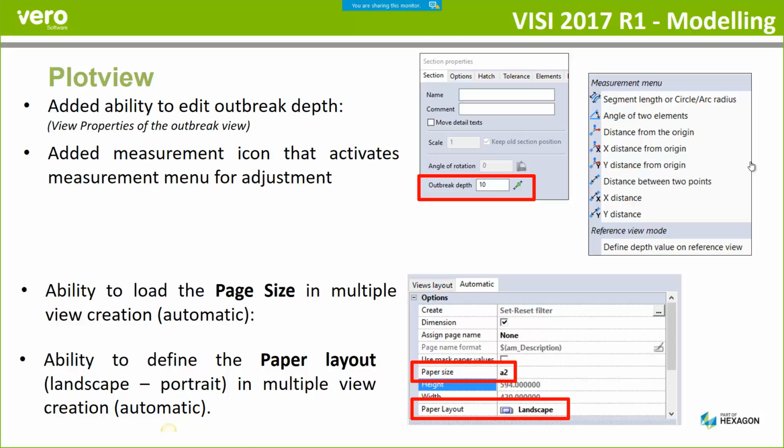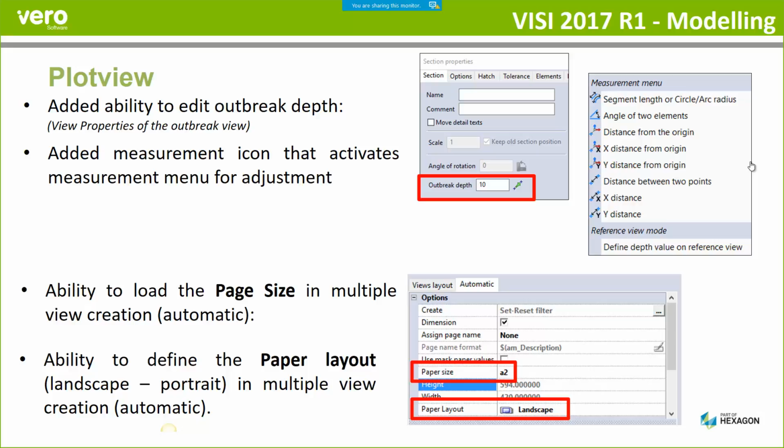So some additional settings and additional values have been added into the plot view interface. The ability to load paper sizes in multiple view creation. Previously, for every plot view page you had to set the page yourself, but now you can set a default and it'll automatically add all your automatic views onto a paper size that you specify.